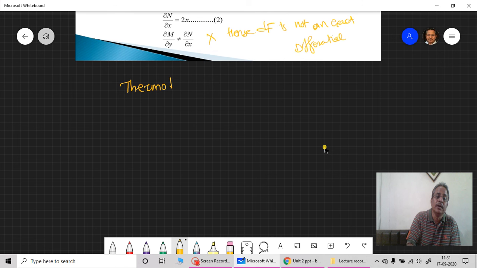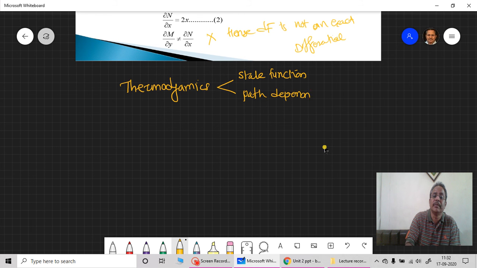How? In thermodynamics we have two different types of functions. One is called a state function and the second is called a path dependent function. Not only in thermodynamics but other branches of physics also. Now for example, I am drawing one graph here.